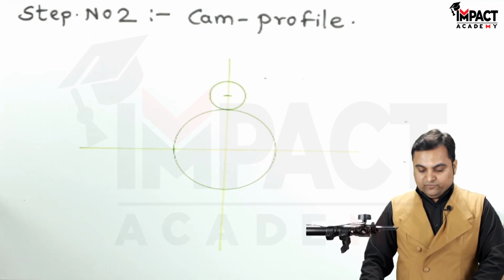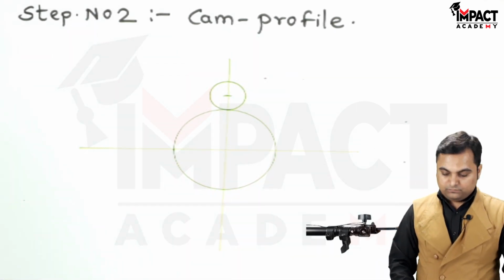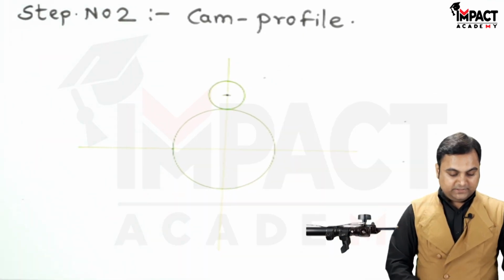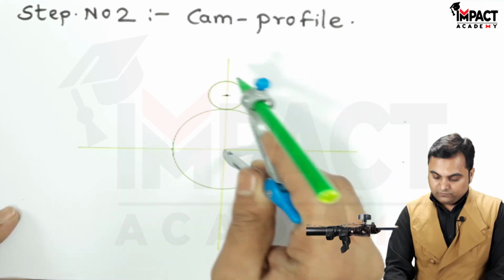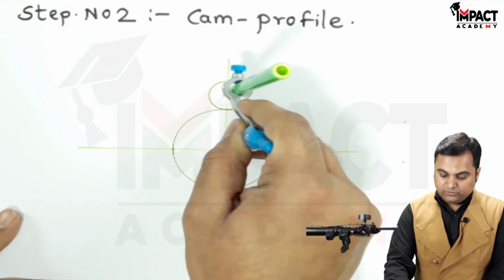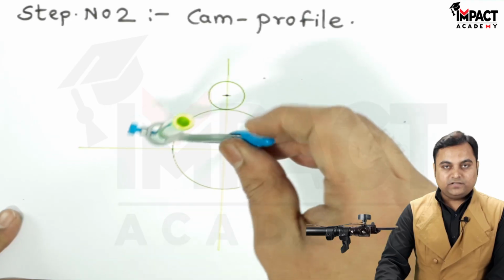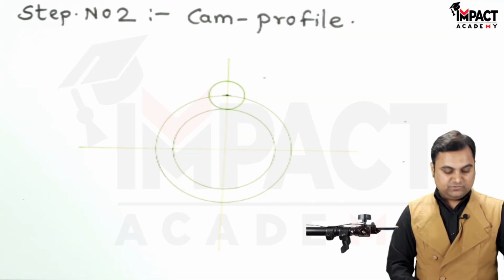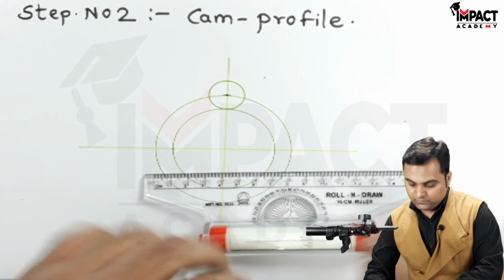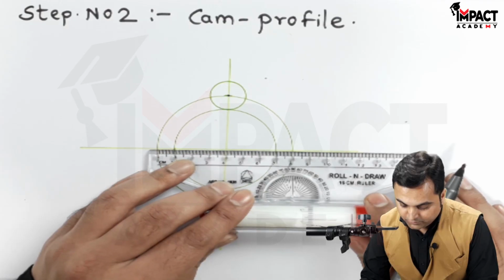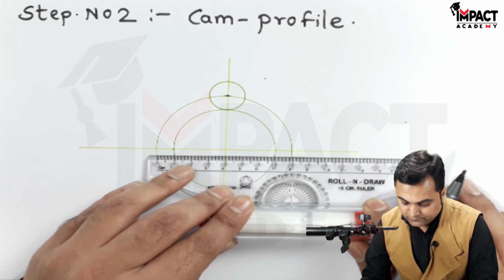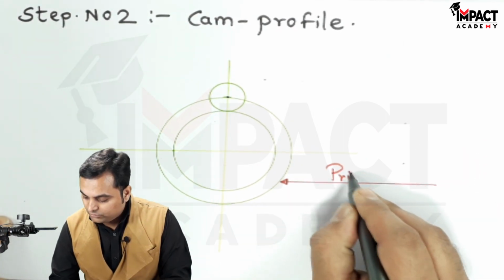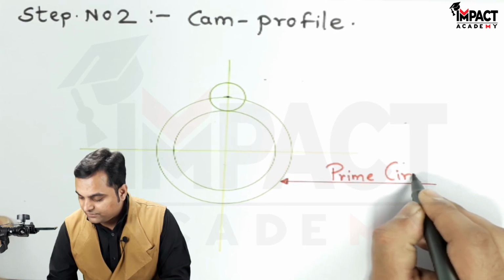So here is the roller follower, and this is the center of the roller. After that, from this same center of the base circle up to the roller center, I am drawing another light circle, and this circle is called the prime circle. That is, from the center of the base circle to the center of the roller, we have a circle called the prime circle.